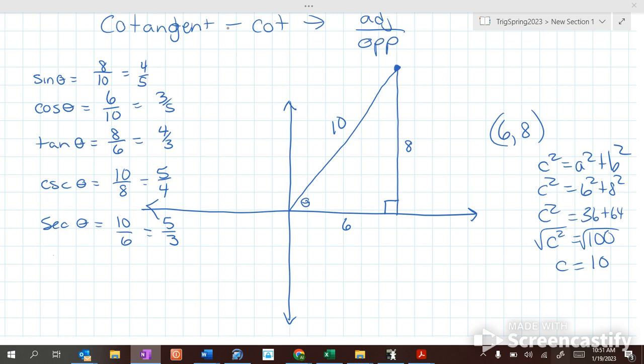And finally, our cotangent of theta. 6 over 8, which is 3/4. Okay? So those are the basic 6 trig functions. So you need to know the basic 6 trig functions. All right. Let's do another one.